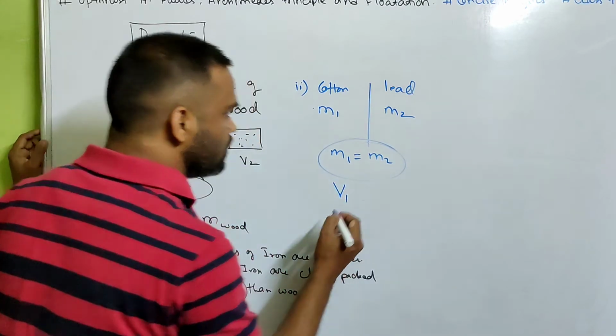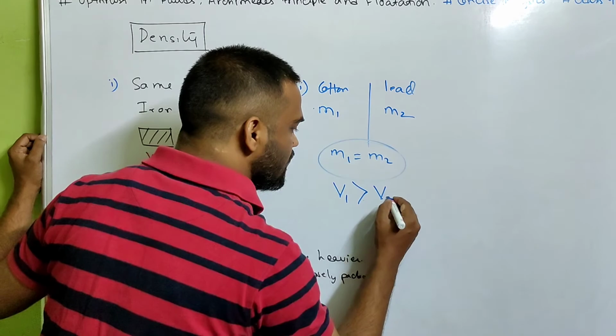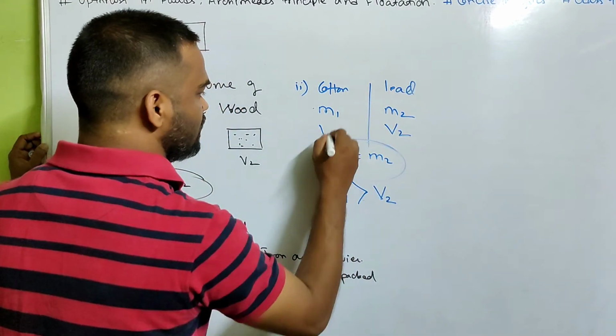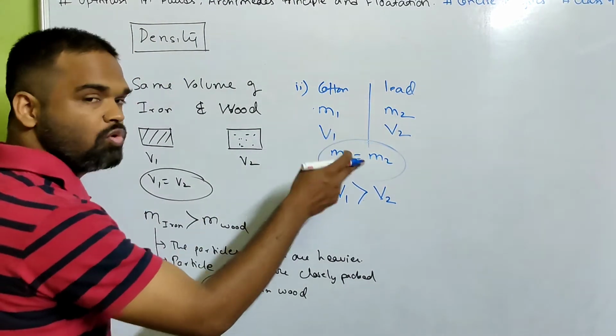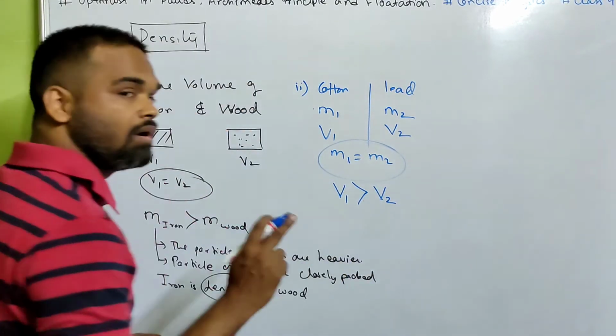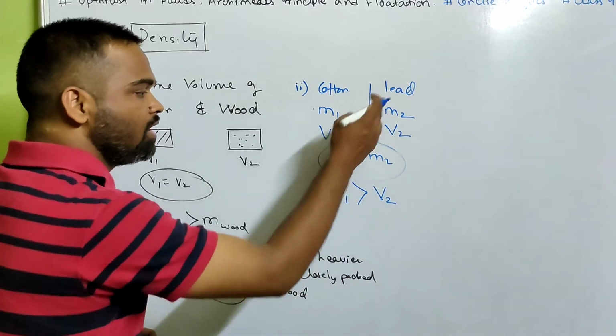The volume of cotton will be more than the volume of lead, if V2 is the volume of lead and V1 is the volume of cotton. So here we have two bodies which have the same mass, but their volumes are different. The volume of cotton is more than the volume of lead.